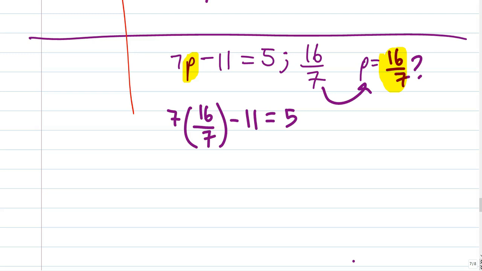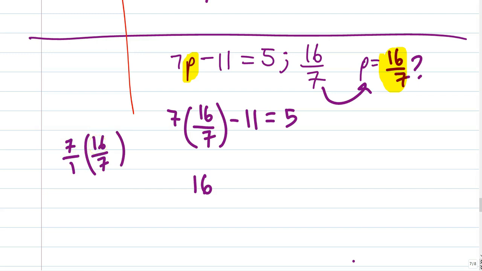You have two options of doing this. There's the easy way, which is to see that the 7 multiplying and 7 dividing cancel, and so I'm just left with 16. If you didn't see that, you could take that 7 and multiply it by 16 over 7. You would get 7 times 16.